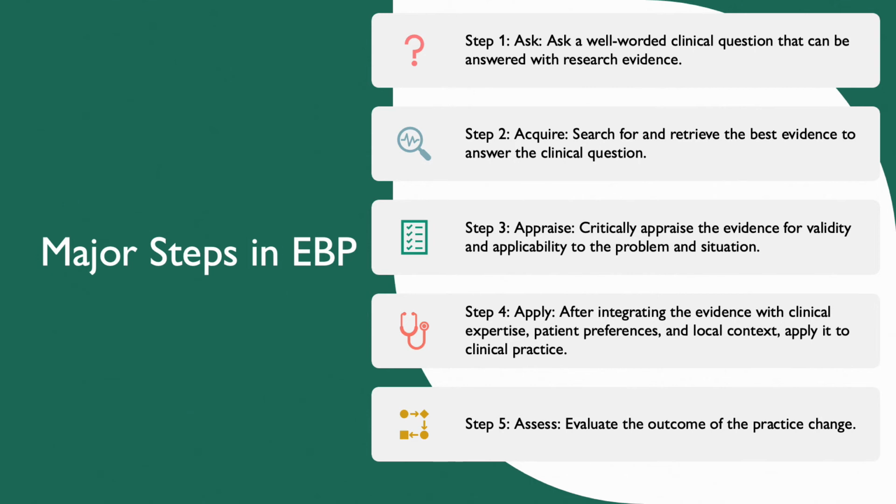And then finally, applicability, which is to what extent is the evidence relevant to my situation and my patients. Remember when we do randomized controlled trials, they're looking at the average person. They are population-based studies looking at a particular population.